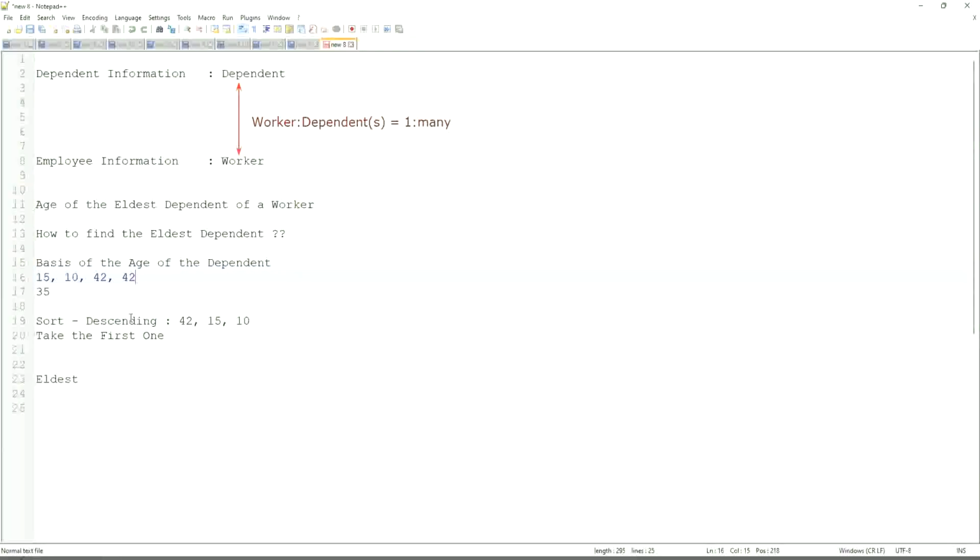Okay. But in this case, let's say even if you have more numbers like 42, 43, 75, 82, and so on. If one worker has so many dependents with these ages, will our logic that we have defined be absolutely bulletproof?